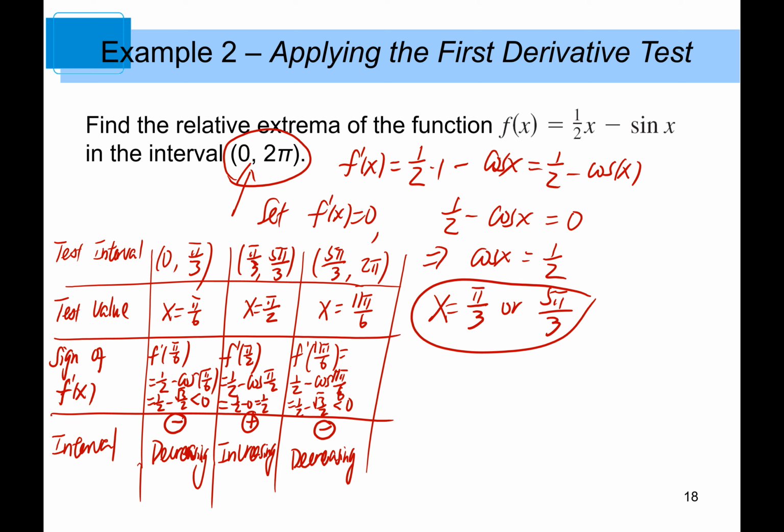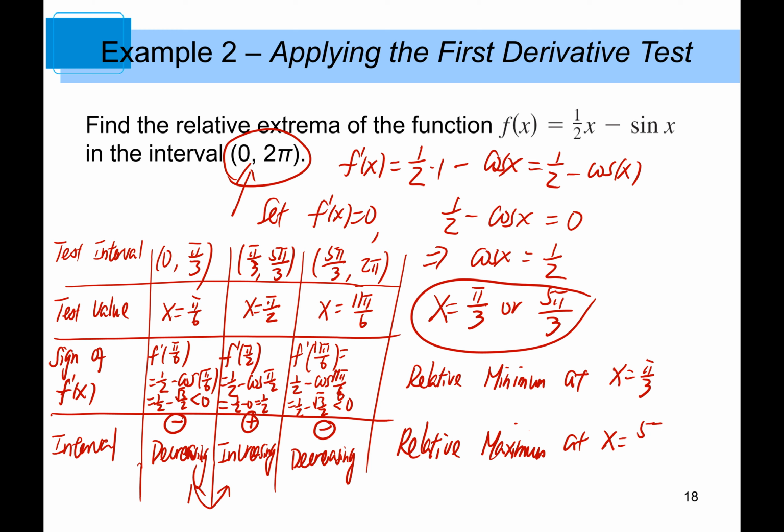Now if you look at it, from decreasing to increasing, we have a relative minimum that occurs at x equals pi over 3, and a relative maximum occurs at x equals 5 pi over 3.